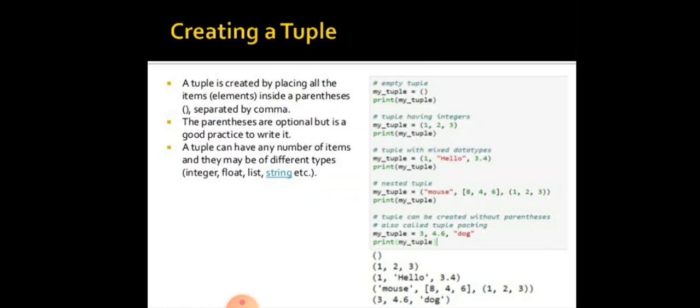Now, creating a tuple. There are various methods for creating a tuple. A tuple is created by placing all the elements inside parentheses separated by commas. See the example: parentheses 1, 2, 3. You can create a tuple in this way also.